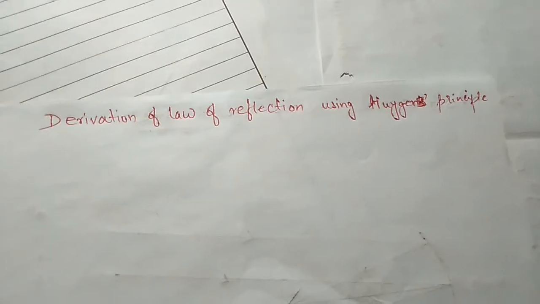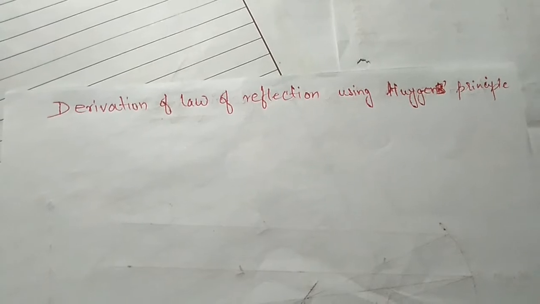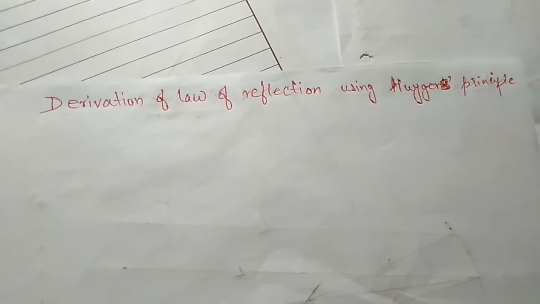So let's see the first phenomenon, the reflection of light using the wave nature of Huygens principle. First, we are going to derive the law of reflection using Huygens principle.